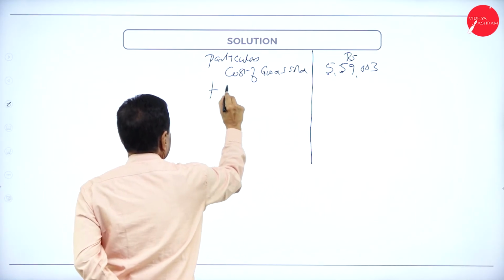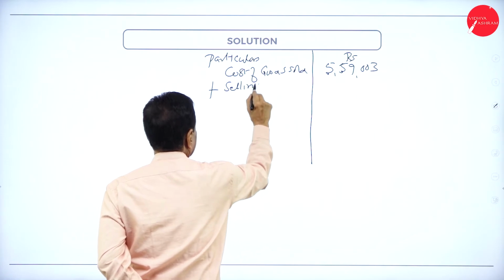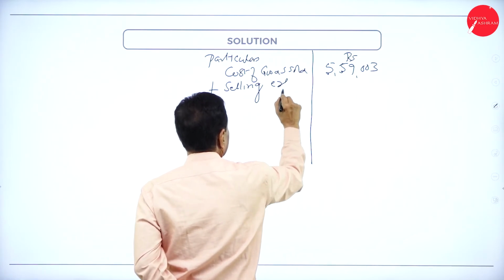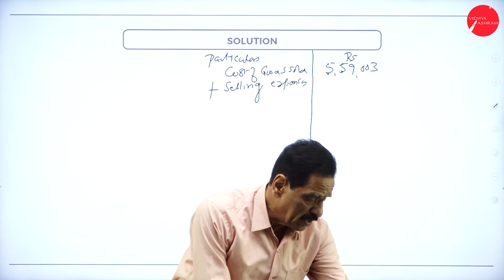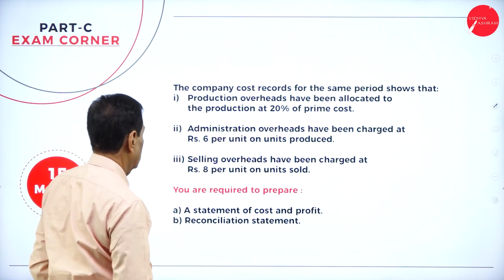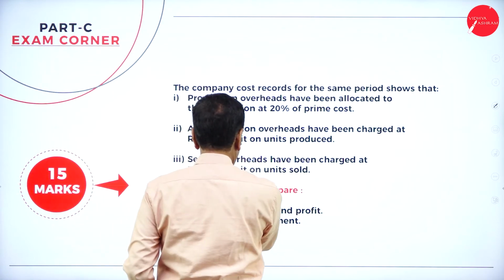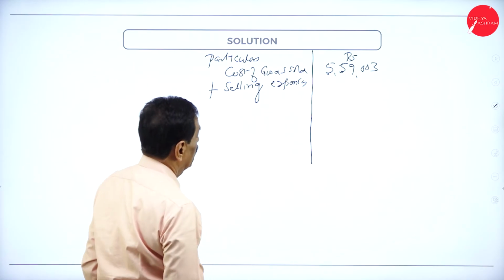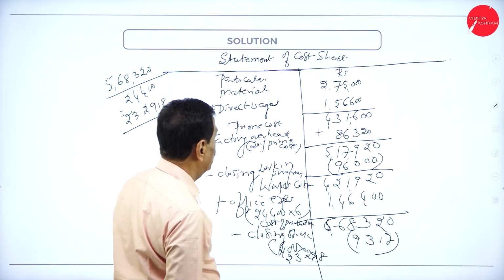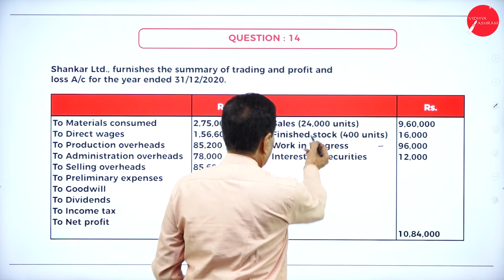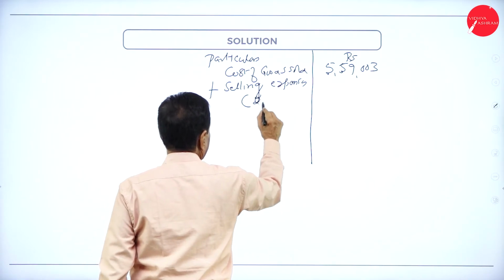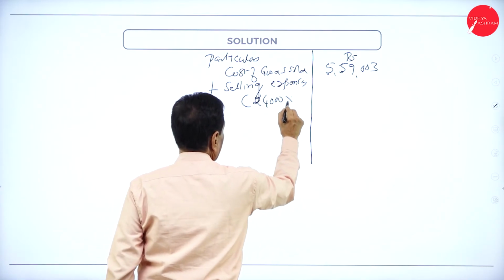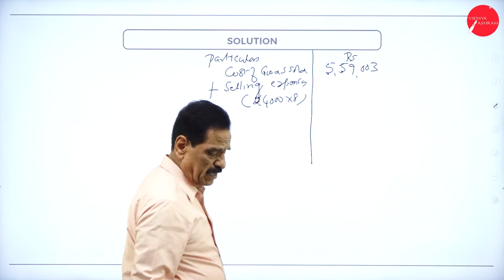Plus selling expenses on units sold. What does the problem say? Selling expenses have been charged at 8 per unit of units sold. What's your units sold? 24,000 units sold at the rate of rupees 8.